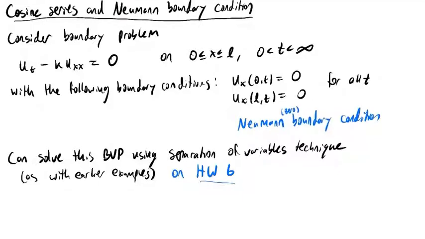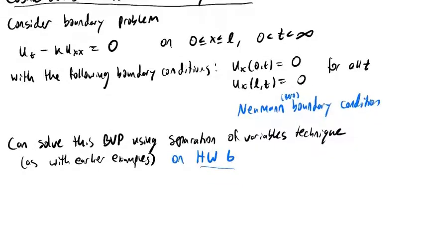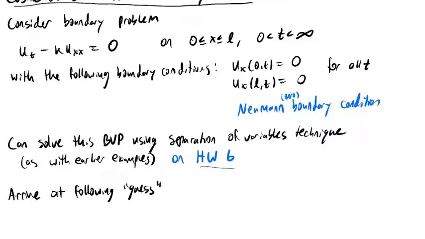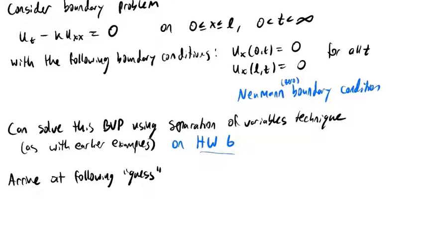And after using this technique, you arrive at the following guess for a solution. It's going to look very similar to the formula we saw with zero boundary conditions, but instead of having sines everywhere, there's going to be cosines everywhere. And so the following is a guess for the solution. u of x,t.